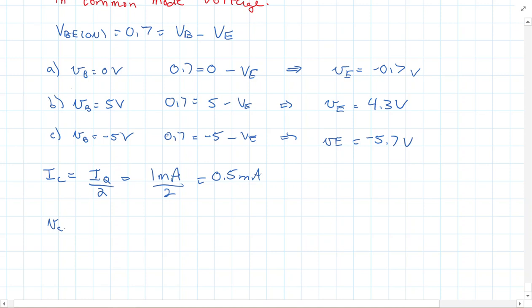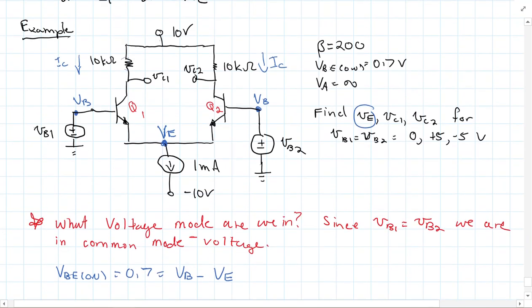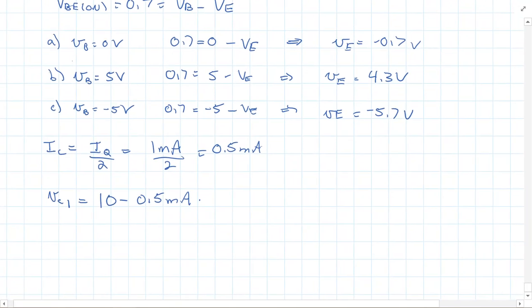So VC1 is going to be 10 minus 0.5 milliamps times RC, which is what, 10 kilo ohms.